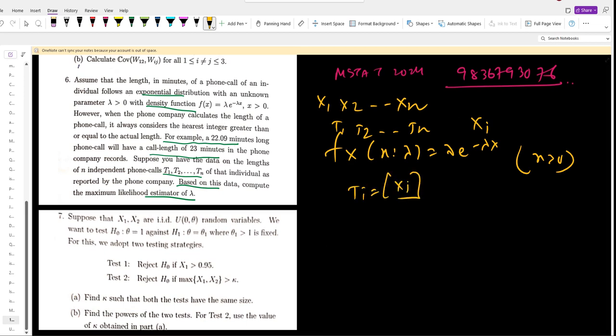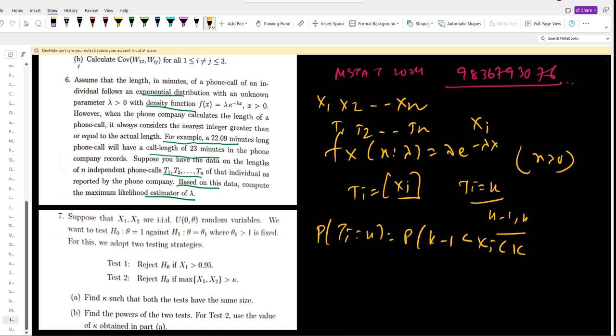So if Ti equals k, any constant integer, then Xi lies in the interval from k minus 1 to k. The probability of Ti equal to k is the probability that k minus 1 is less than Xi less than or equal to k.